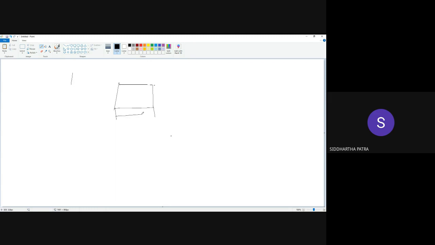So for the horizontal dimensioning, this is how the dimension line should be, and the dimension text. Let's say this much is 20 millimeter, so I would write 20 on top of this one.